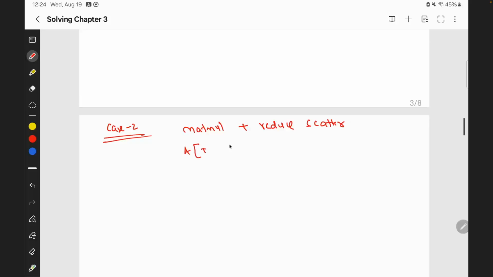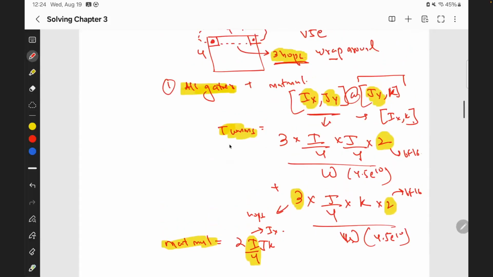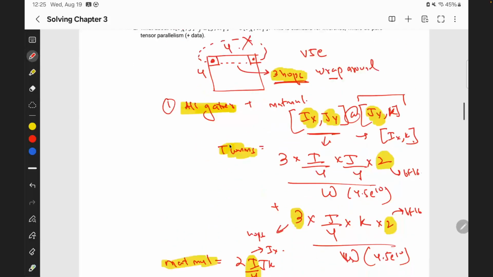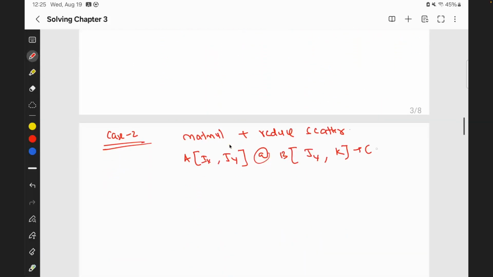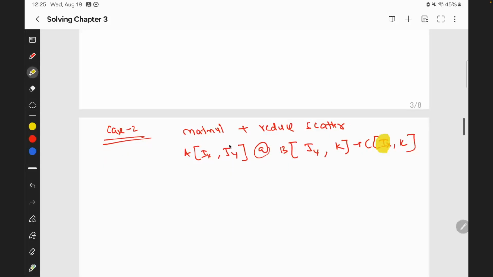You have A[I_X, Z, Z_Y] matmul with B[Z_Y, K], and you get C[I_X, K]. So here it is I_X. You don't need full replication, so you are okay with having partial results in all your devices.